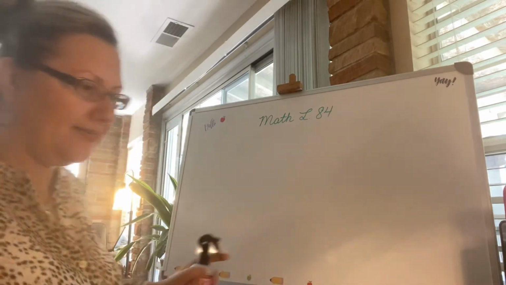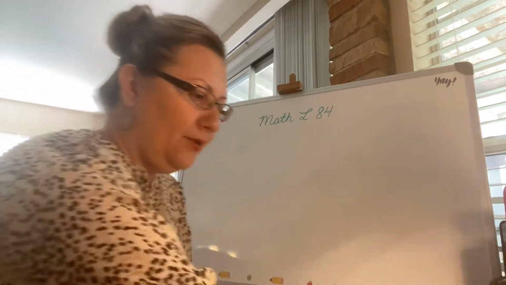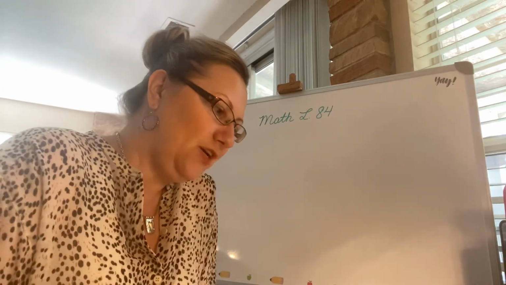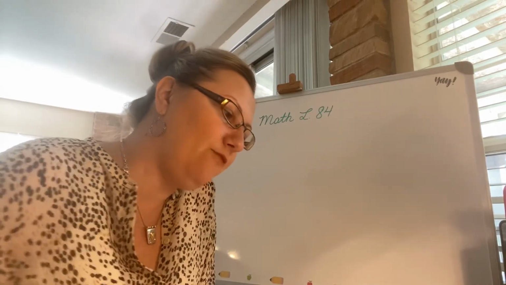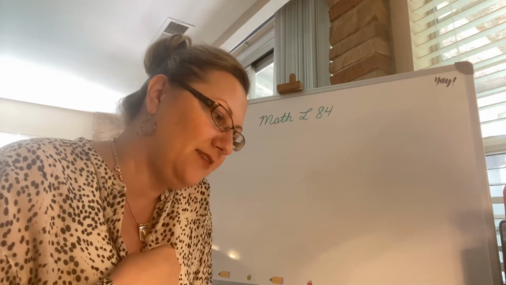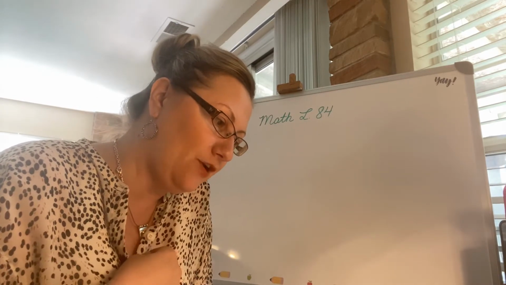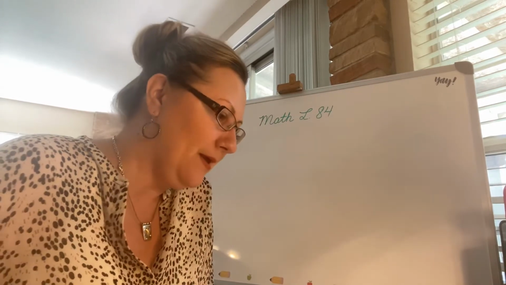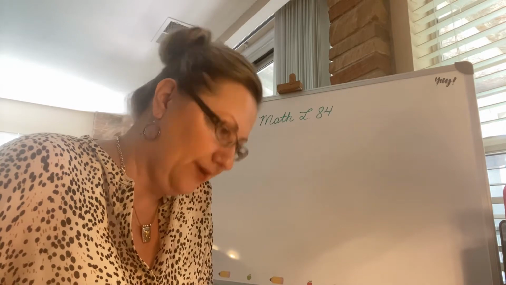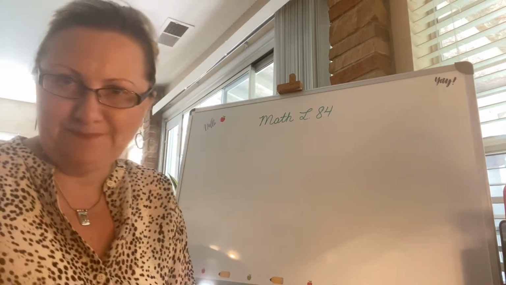Number 11 says, Shakura purchased a birthday present for each of 2 friends. Including sales tax, the cost of one present was $16.61, and the cost of the other present was $14.37. What is a reasonable estimate of the total cost of the presents? It's an estimate. It is rounding that we need to do.